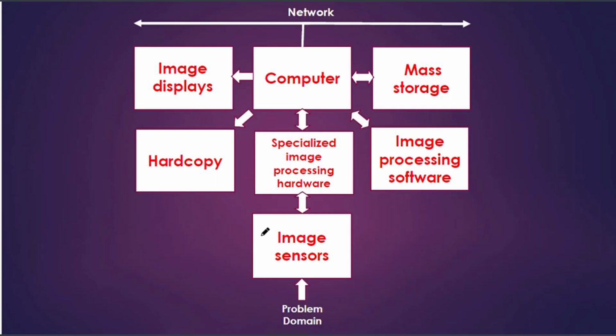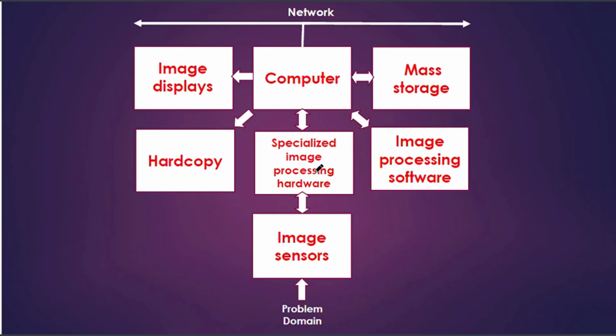Yes, these are all the components of an image processing system. I'll summarize. First, the problem domain means what type of image processing techniques you are going to perform on the given image. To get that image, first you need an image sensor which will capture the image. Then it is given to the specialized image processing hardware which will do some logical and also arithmetic operations.